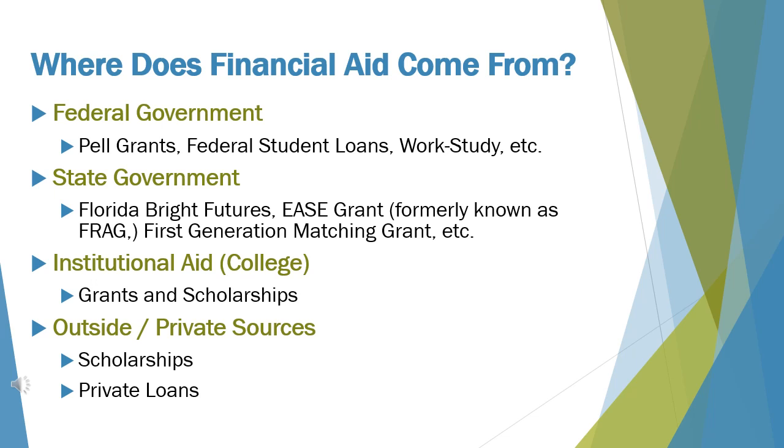There are other state grant programs too. Institutional financial aid is awarded directly by the college or university and includes merit scholarships and need-based grants. And finally, there are outside or private sources of financial aid, which include scholarships and private loans.